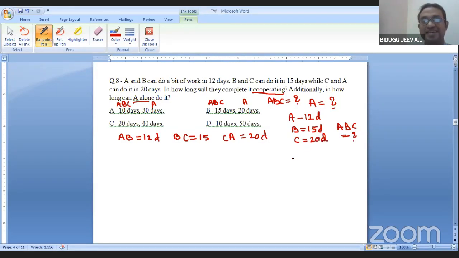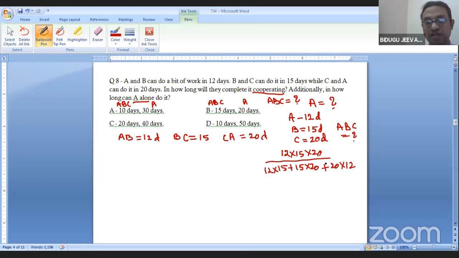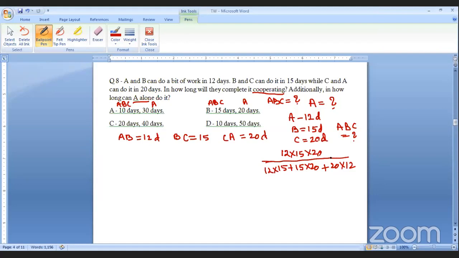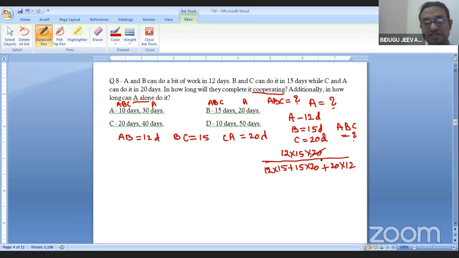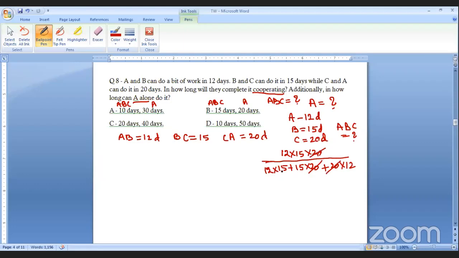XYZ, plus. Exactly. So let me do this: X into Y into Z by XY plus YZ plus ZX. Cancelling the larger value, 20.